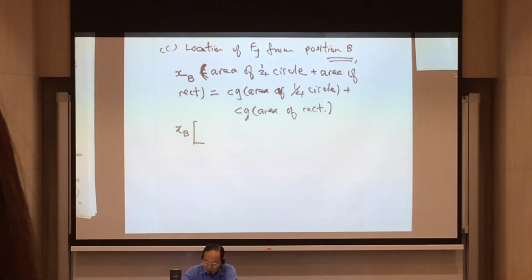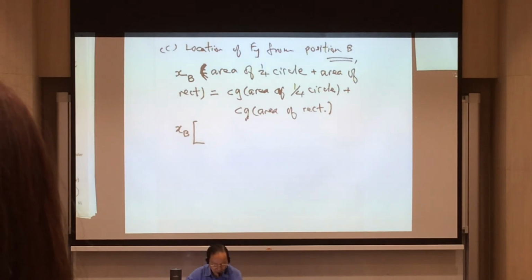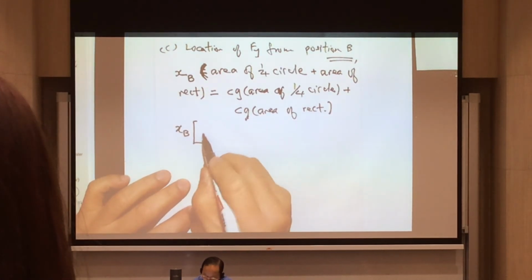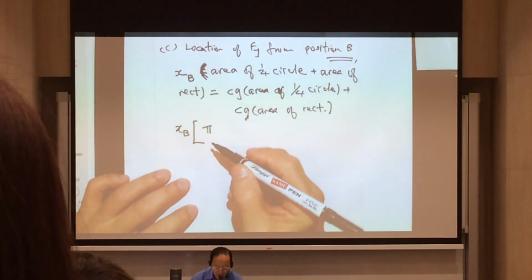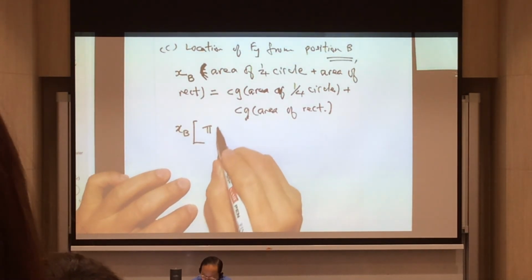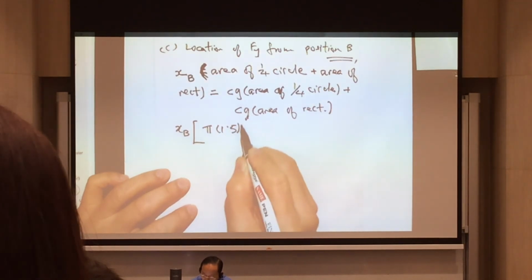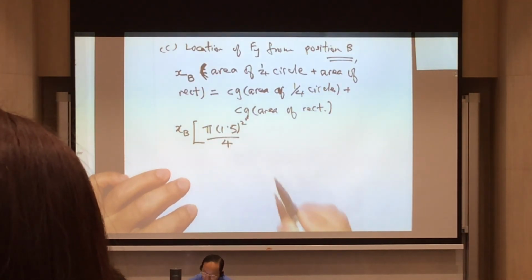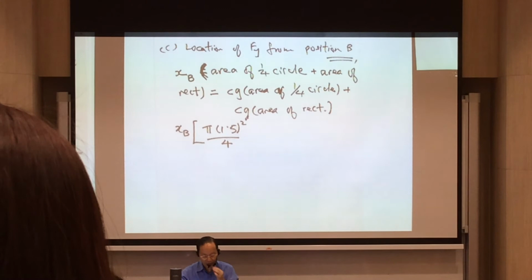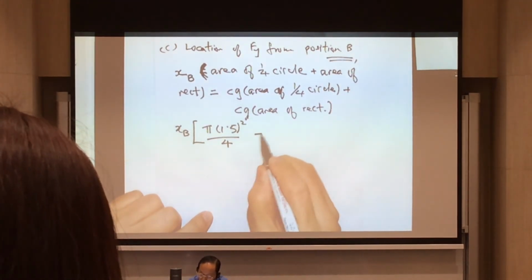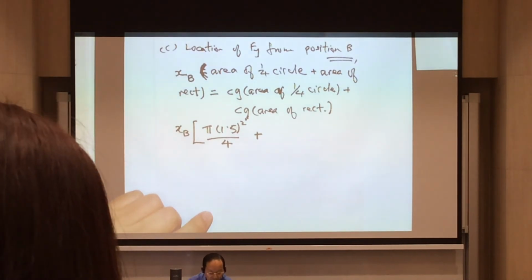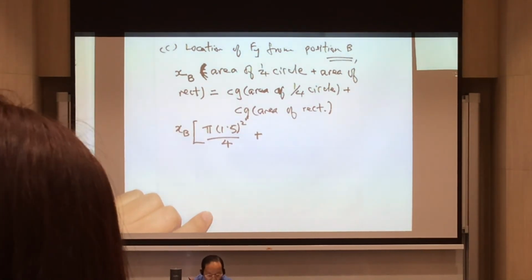What is the area of a quarter circle? Area of a quarter circle, as we know, is pi r squared over 4. And what is the radius in this case? Radius is 1.5, squared, divided by 4. Plus the area of the rectangle, which is simply 1.5 times 3.5.